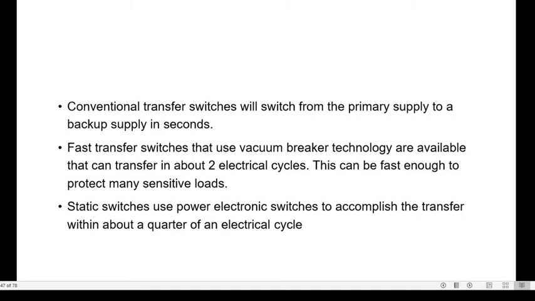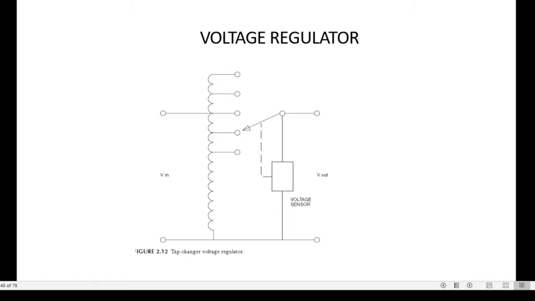Fast transfer switches that use vacuum breaker technology are available that can transfer in about 2 electrical cycles. This can be fast enough to protect many sensitive loads from the supply interruption. Static switches use power electronic switches to accomplish the transfer within about a quarter of an electrical cycle, about 0.25.